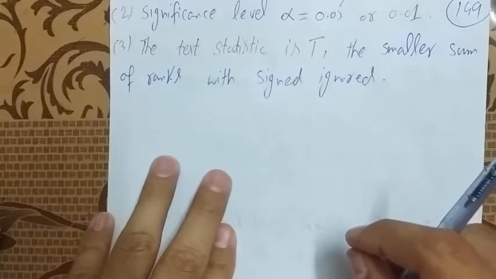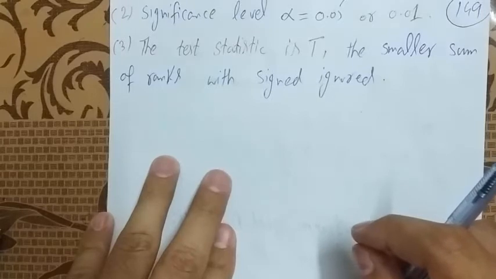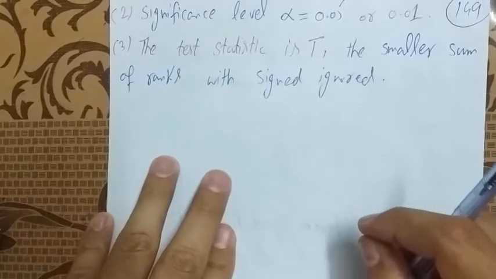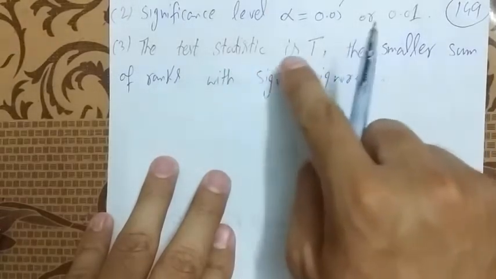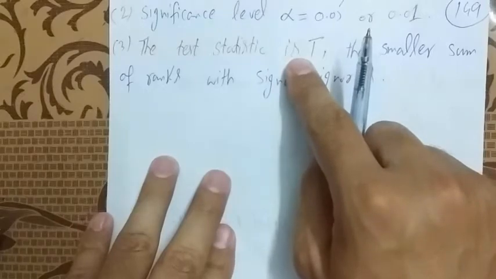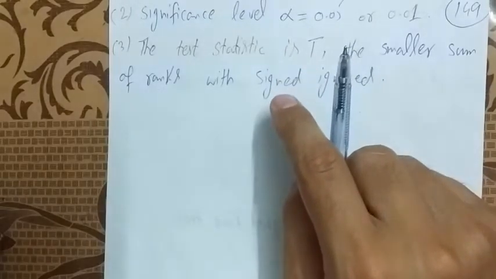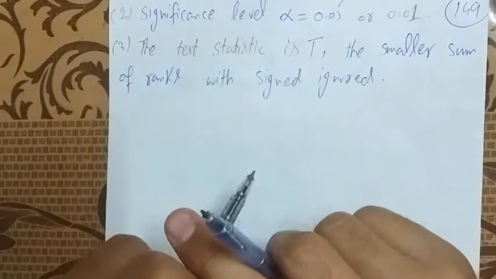That sum is equal to capital T, and this is the test statistic for the Wilcoxon signed rank test.